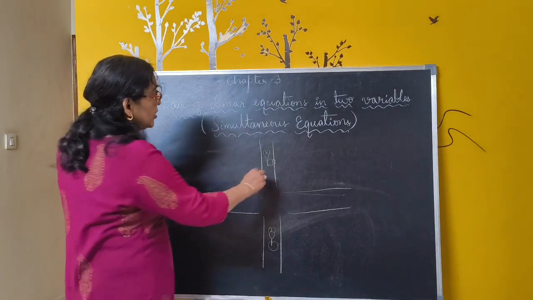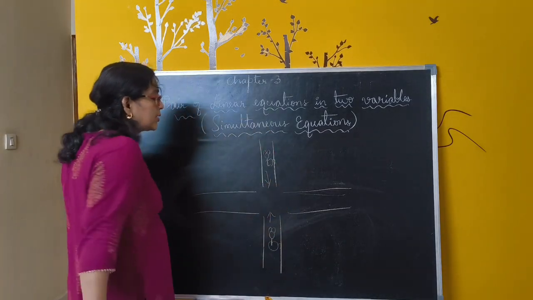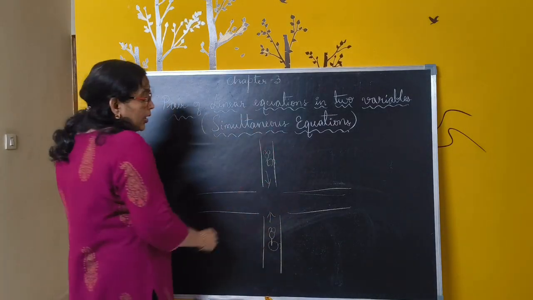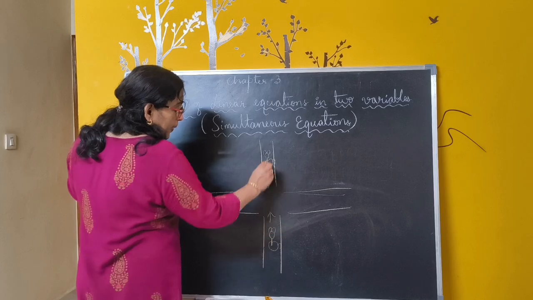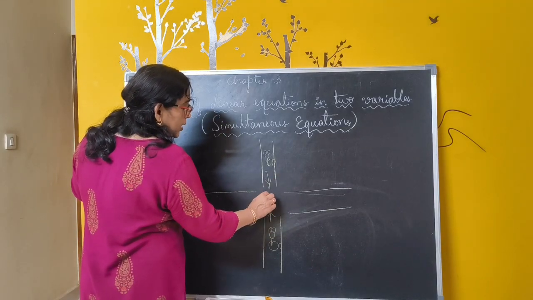This tiny cat is coming in this direction, and that one in the opposite direction. At some point in between, they meet. Let us assume both the cats meet here at this point.